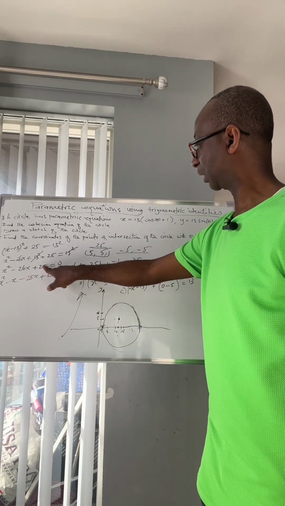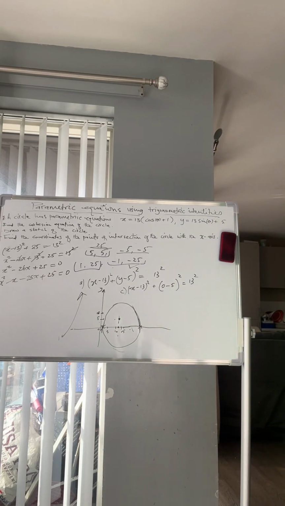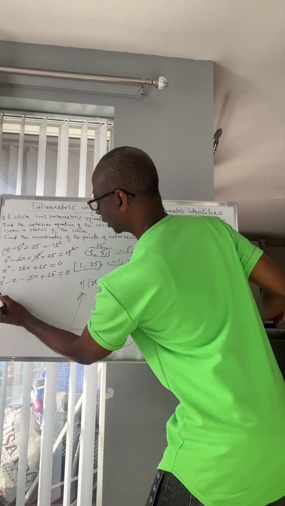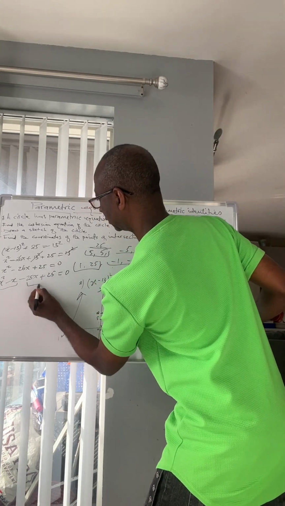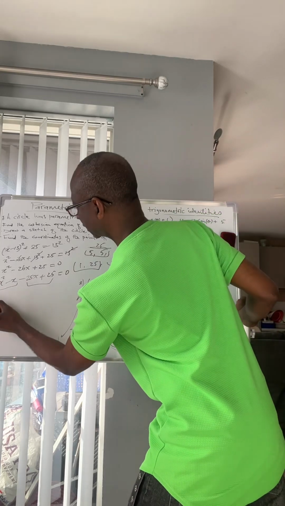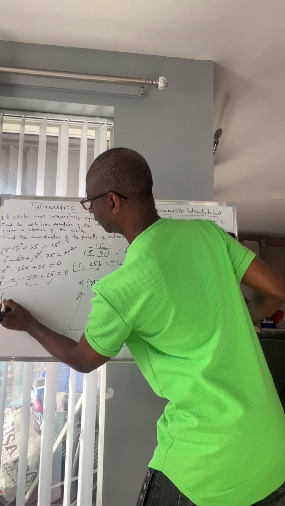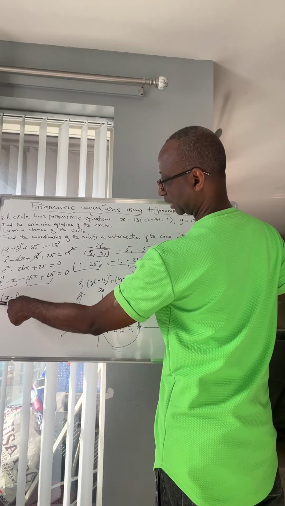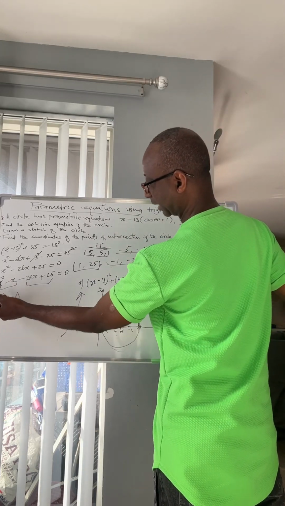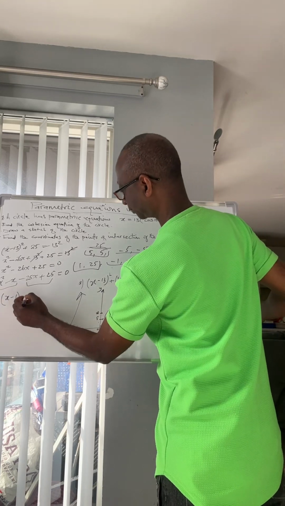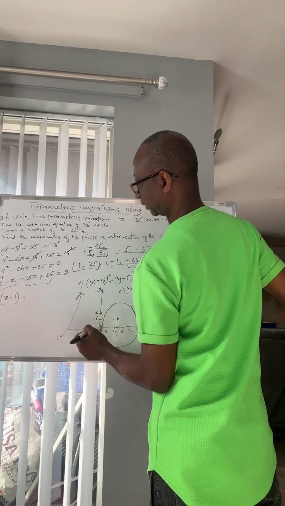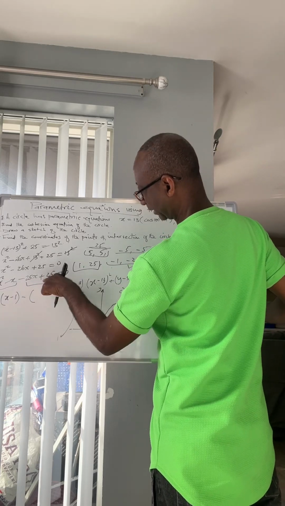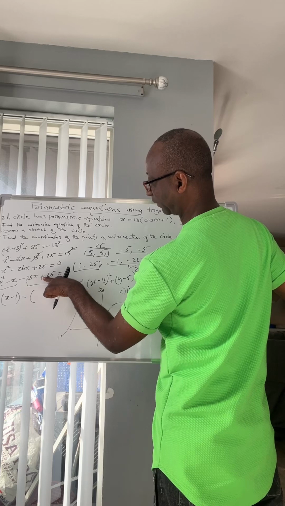Then, now we factorize these two and these two. So x outside the parentheses, you will have x minus 1. If you multiply out, you still get x squared minus x. And you put in minus here, you put a bracket, and this sign will change because this minus sign will affect this.